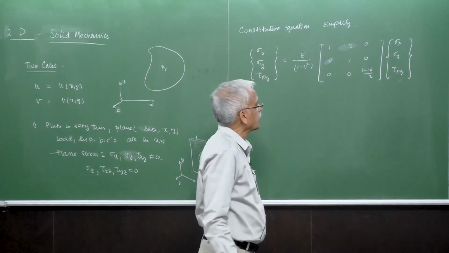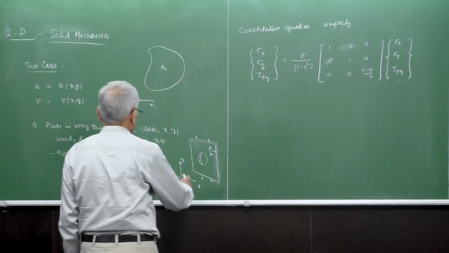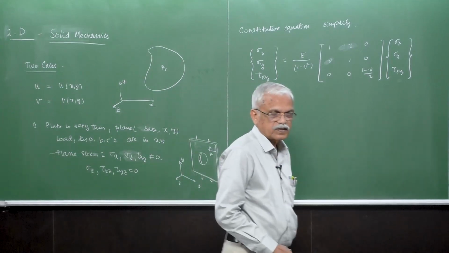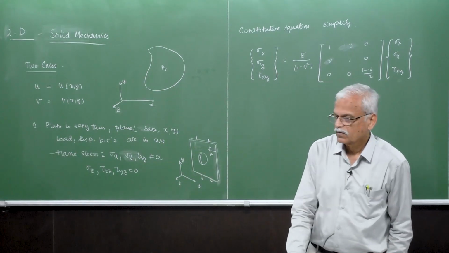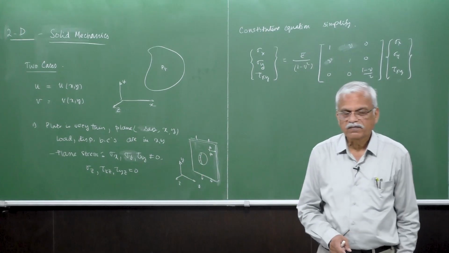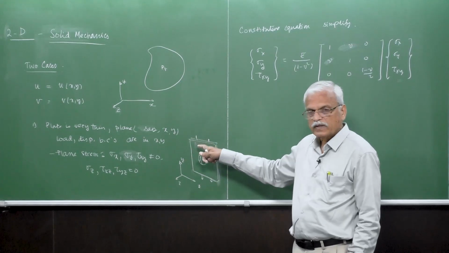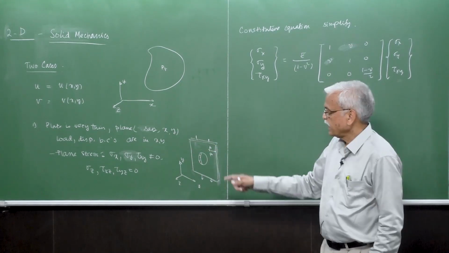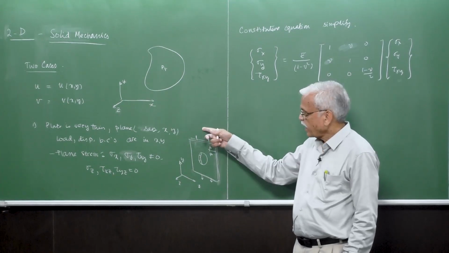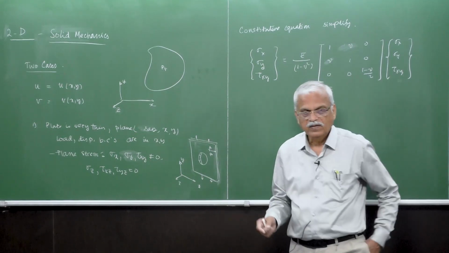So this is called a plane stress problem, in which the stresses in the plane are non-zero, and the out-of-plane stresses are zero. This is a kind of assumption, I would say, that sigma z is zero throughout the plate. Sigma z is zero on one side of the plate, and zero on the other side, on the surface.